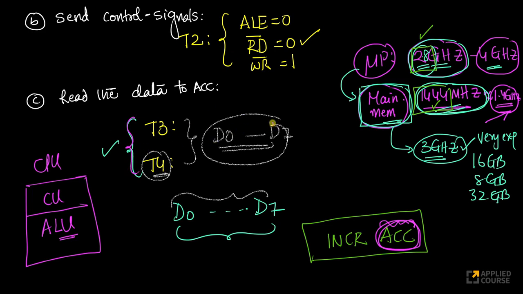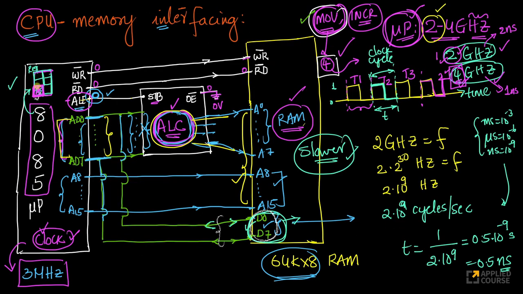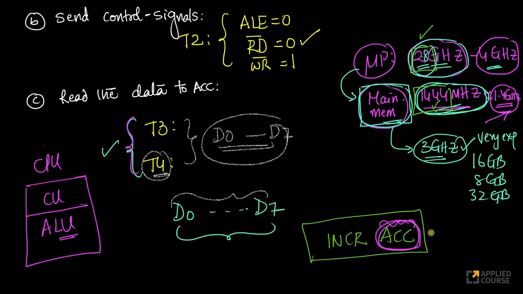The data is already in the accumulator, and I can access the accumulator almost at the speed at which my processor is operating. So in one clock cycle I can access it, and I can increment it in probably 1 or 2 clock cycles, depending on the architecture of the microprocessor itself.